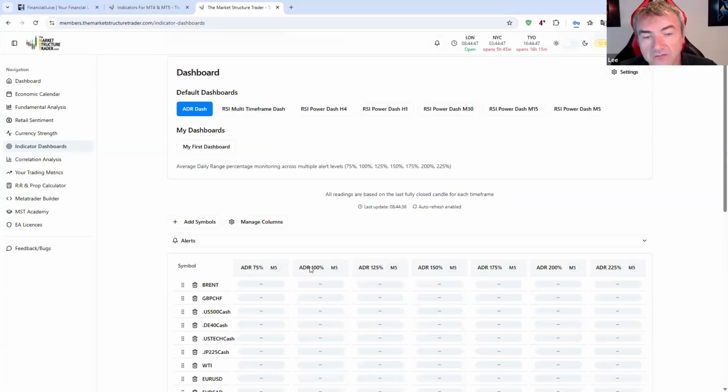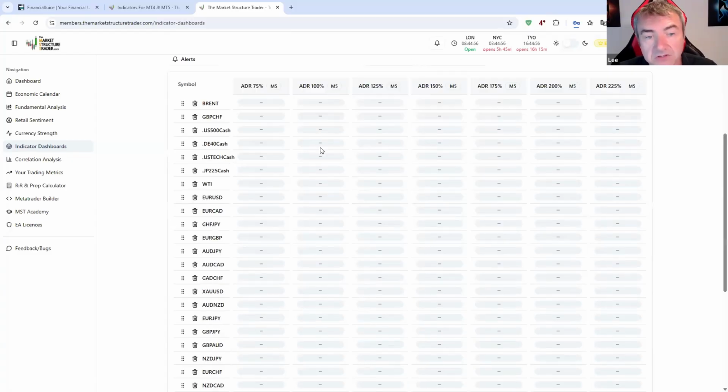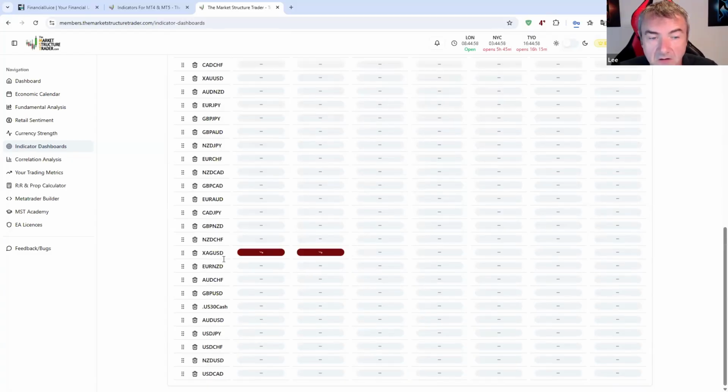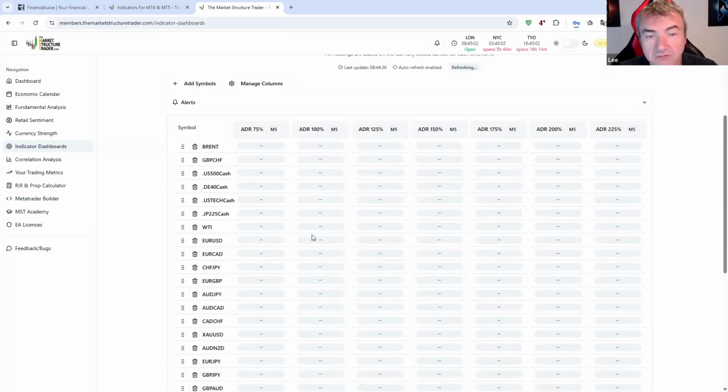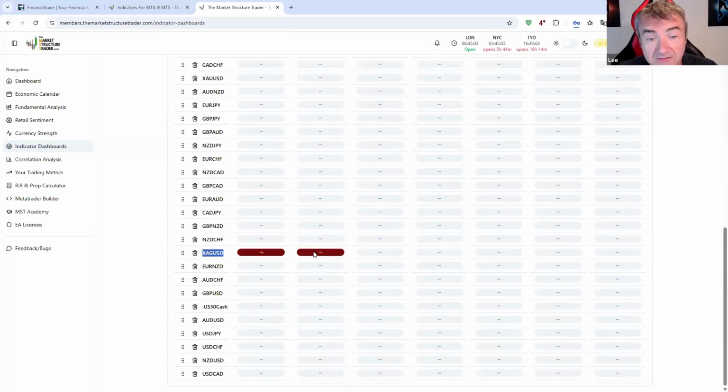We have 100, so that's hit its average daily range. So there's good mean reversion opportunities. Anything that extends above it is a stronger potential sell or buy opportunity. It's color coded, so we can see that silver has pushed above 100% of its average daily range already today. So there's a good chance you'd be looking for shorts on that. That would be green the other way around.